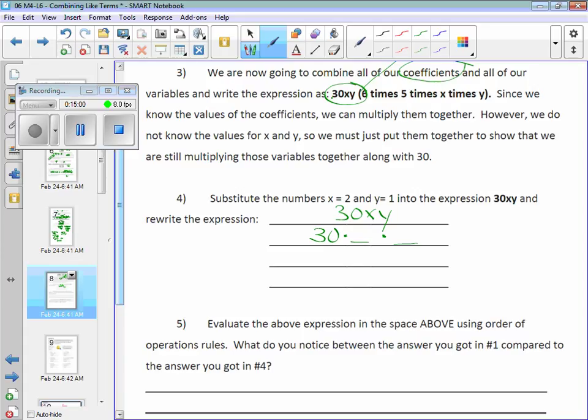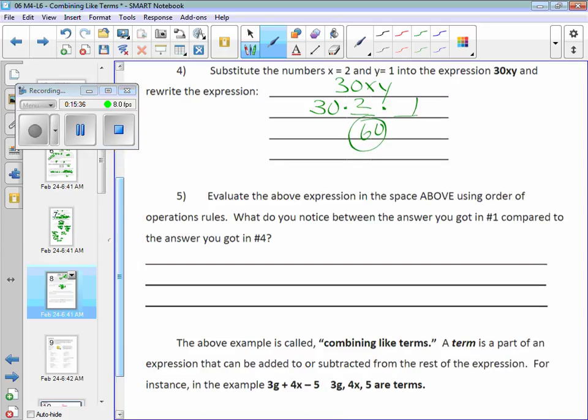What was the value for x? What was the value for y? 30 times 2 times 1 is 60. You get the same answer. How many of you are confused? Let's practice it.